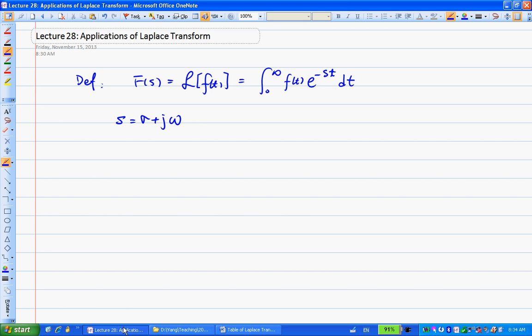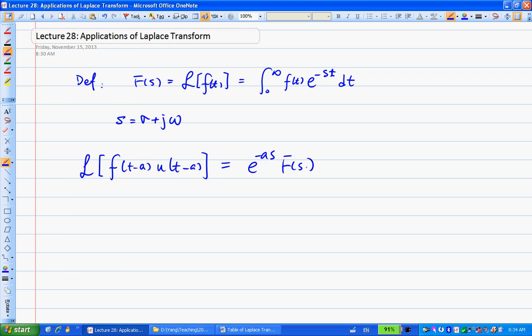There's another one that's also useful: the Laplace transform of f of t minus a, u of t minus a. Basically, you have a shifting of the original causal function, and the result is e to the power negative as, times F of s.